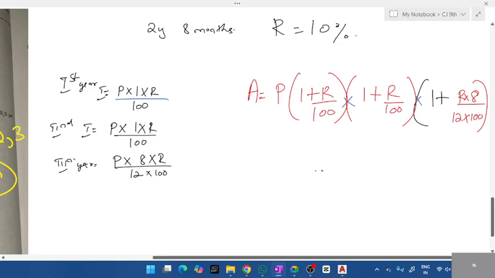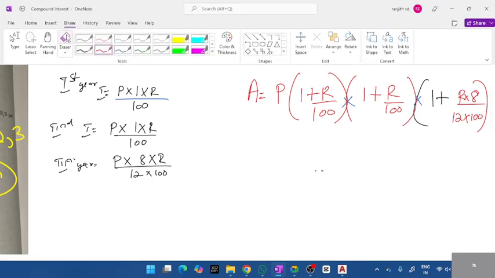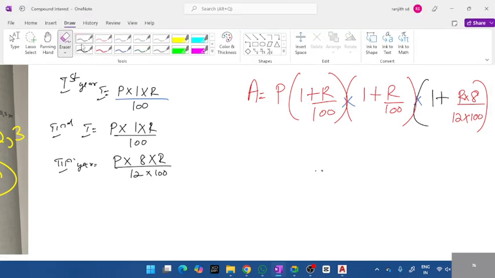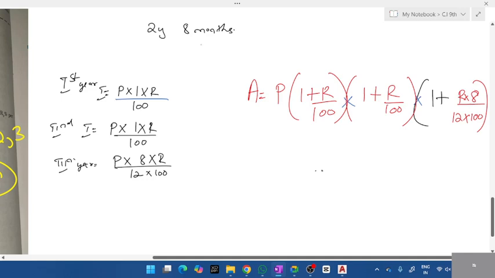R is 10%. Okay, now the same formula, same concept, 2 years 8 months. R, they'll give it as 5%, 10%, 15%.